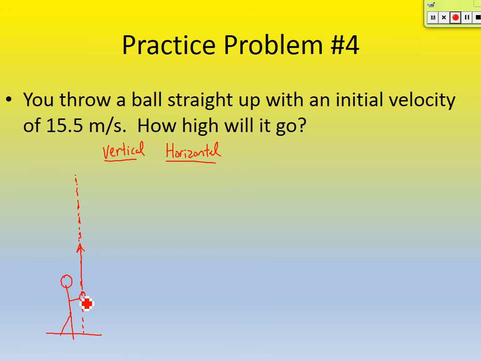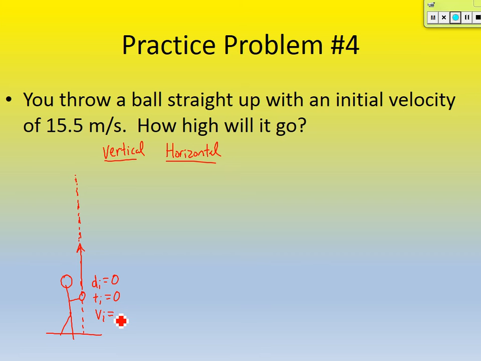I always like to start with the very beginning of this problem, right where he releases this ball. So displacement initial is equal to 0. It hasn't left your hand right at that moment. It hasn't traveled any distance, so it's 0. Time initial is also equal to 0.